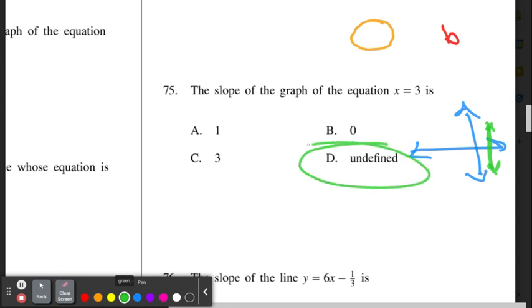It is undefined. If you have a slope of 0, that's a horizontal line. It's a flat line. Okay. If it's a vertical, it is undefined. There is no slope.